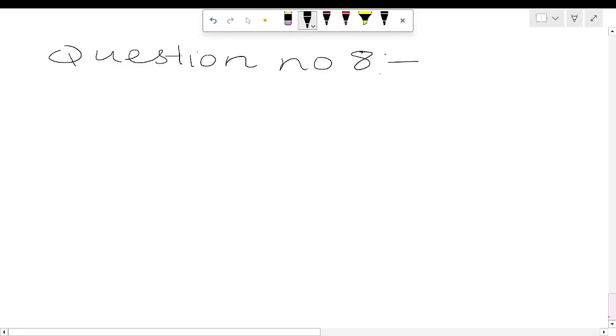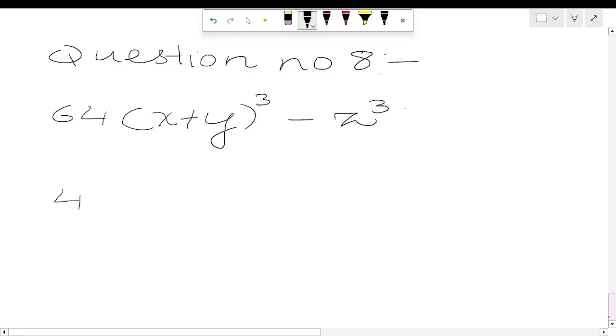The expression states that 64 (x plus y) whole cube is subtracted from z cube. So in order to simplify this expression, we can write 4(x plus y) whole cube. It is the same as 64 (x plus y) cube, and then we will write z cube as it is.